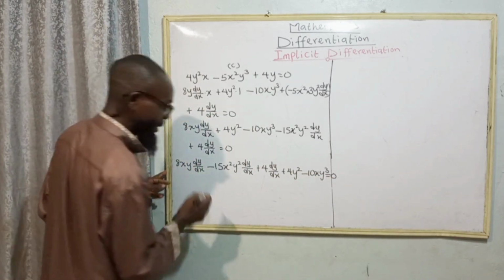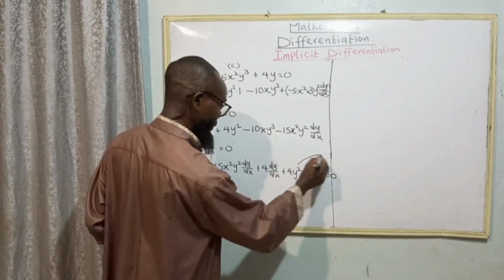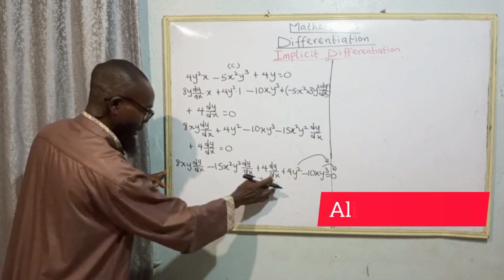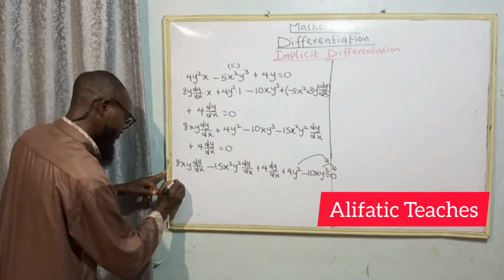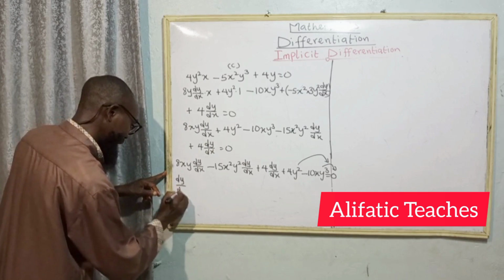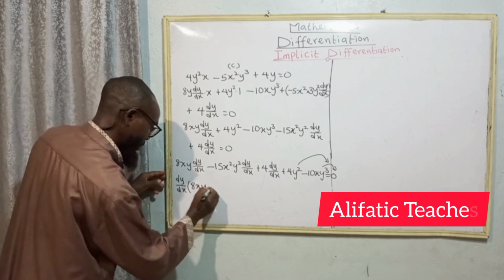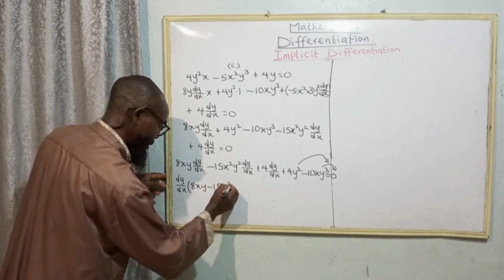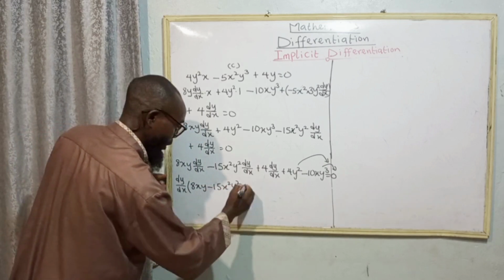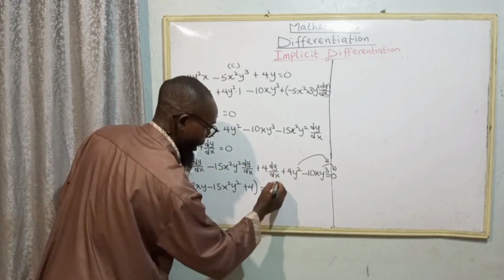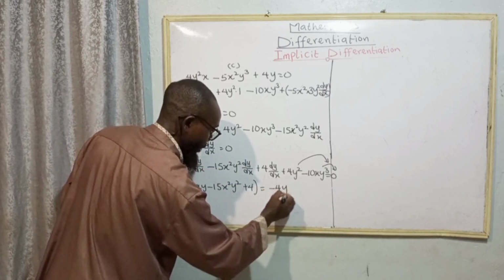Now, let me take this, this moves out. So from here, the common factor is dy/dx, open bracket, 8xy minus 15x squared y squared plus 4. Then all this one moves out. I'm going to have minus 4y squared.